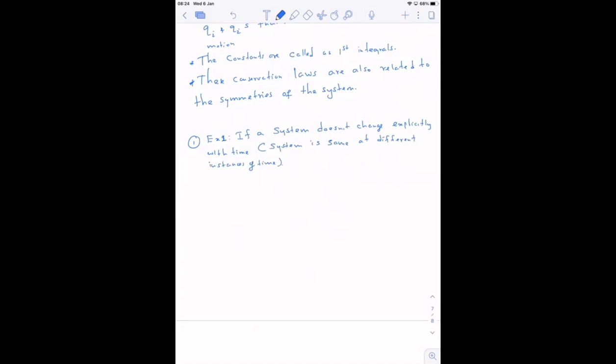Now, if the system doesn't change explicitly with time, I want you to show something, and I'm not going to do this. I'm going to assign it to you as an assignment.